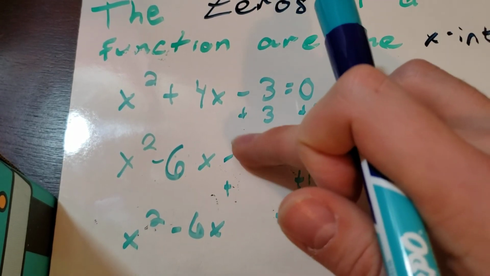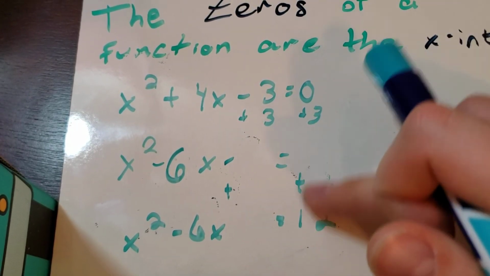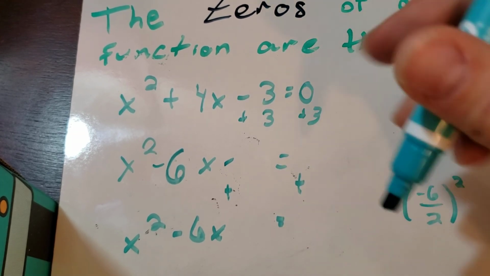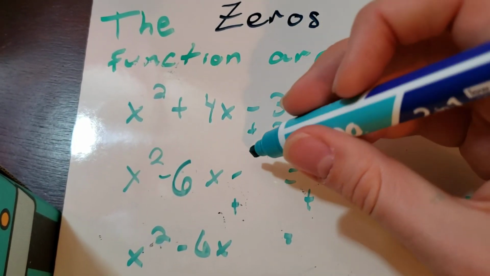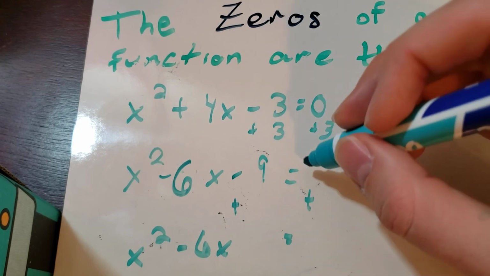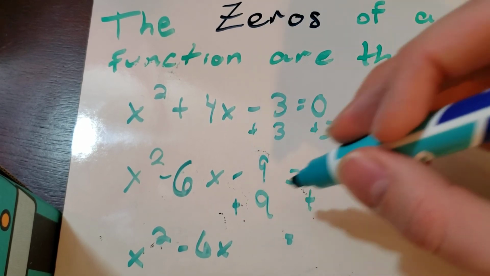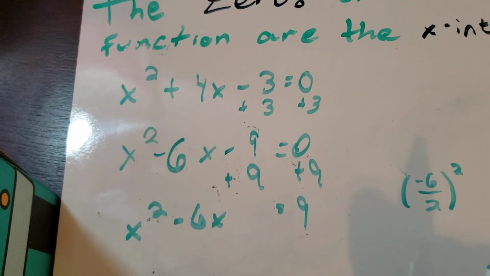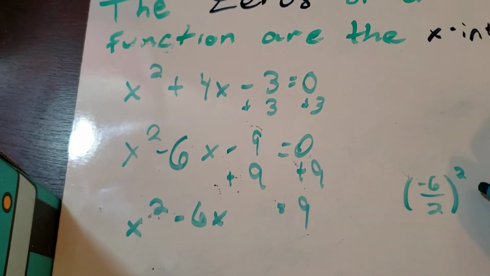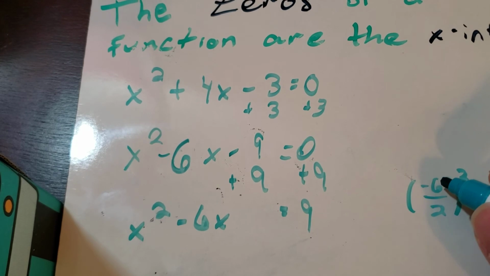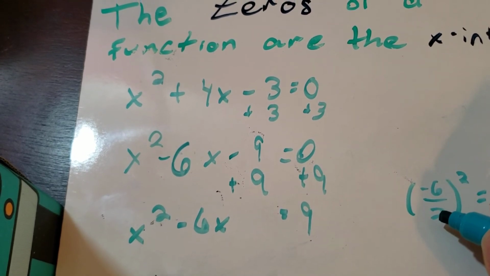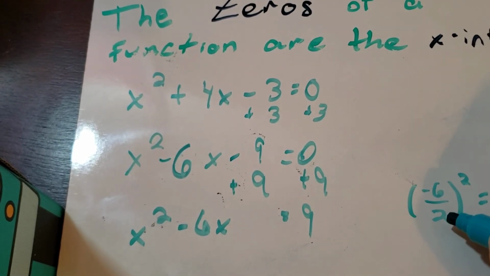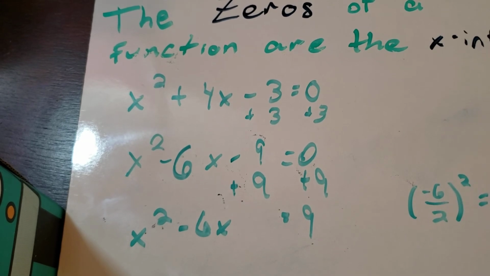Let's just say instead of 12, this is going to be 9. So x squared minus 6x minus 9 equals 0. Plus 9 equals 9. Okay, so now this is going to equal negative 6 divided by 2, which is negative 3. Negative 3 squared is 9.